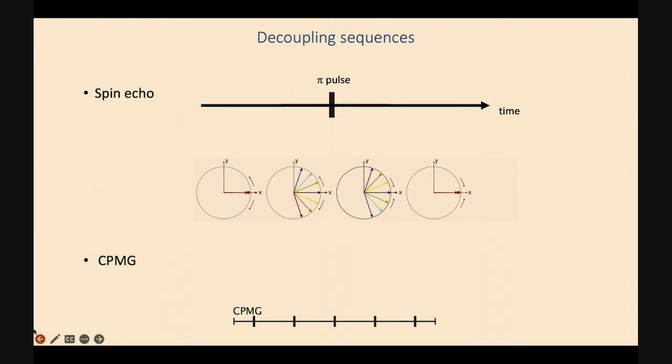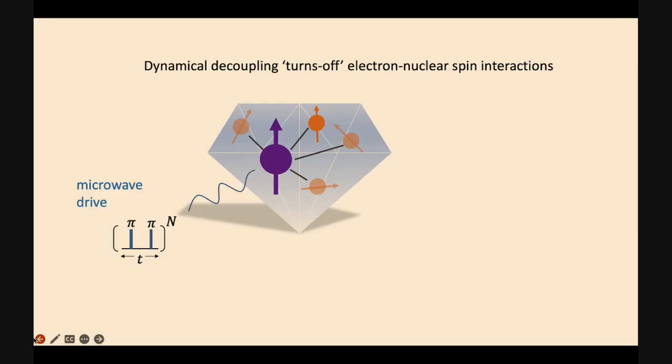So I'm not going to go too much into why this works, but just introducing this idea of a sequence of pulses that basically averages out unwanted interactions. That's a way to think about this. So that's what people have been doing for at least 10 years to deal with this problem in the system.